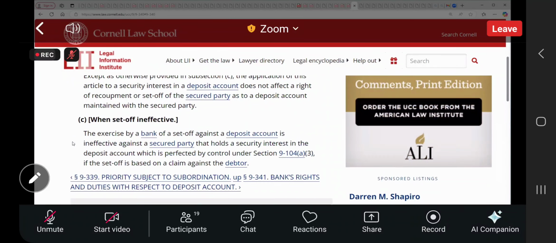Now let's look at what C says. When set-off is ineffective, the exercise by a bank of a set-off against a deposit account is ineffective against a secured party that holds a security interest in the deposit account which is perfected by control under 9-104(a)(3), if the set-off is based on a claim against the debtor. Okay, let's look at this.